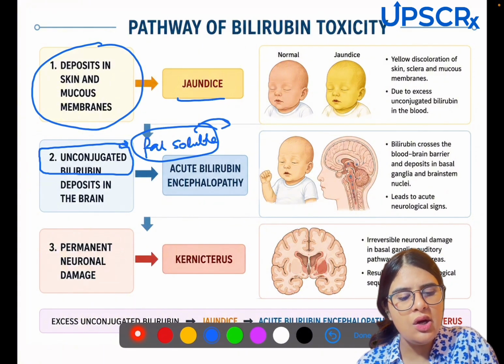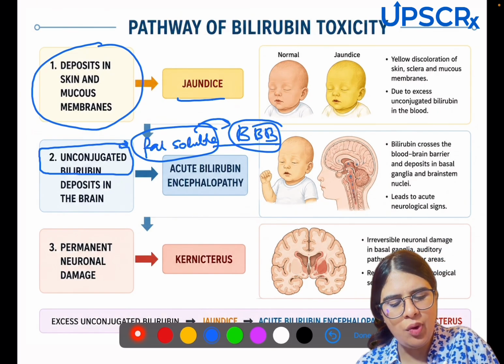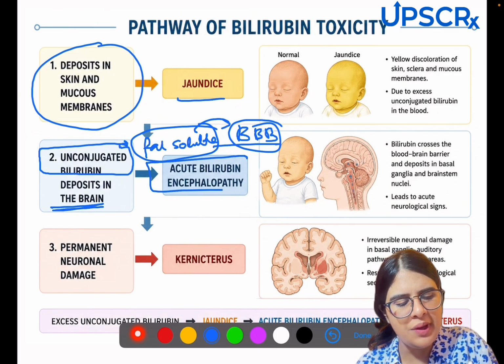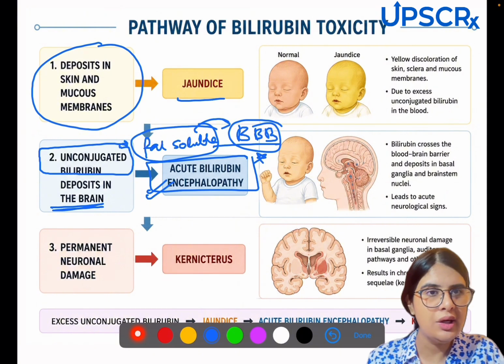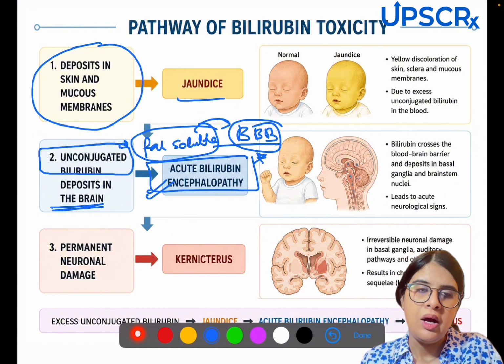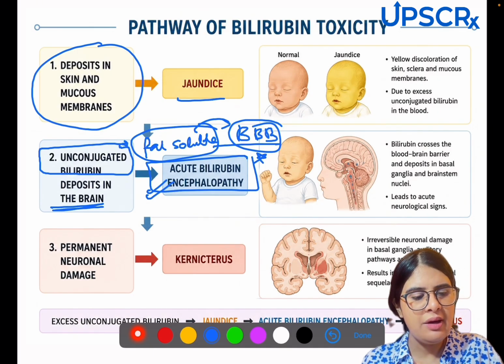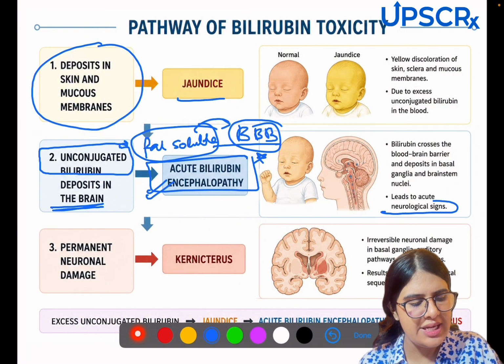So this unconjugated bilirubin can cross the blood-brain barrier and cause deposits in the brain, causing acute bilirubin encephalopathy, right? Causing some neurological signs.